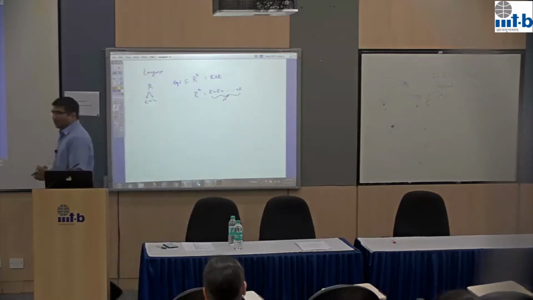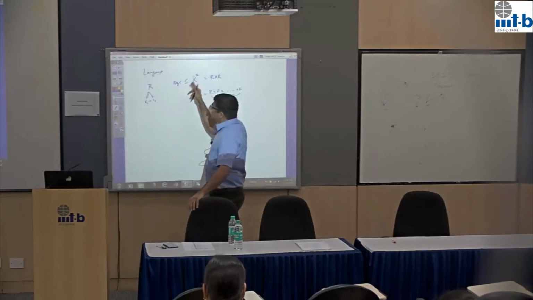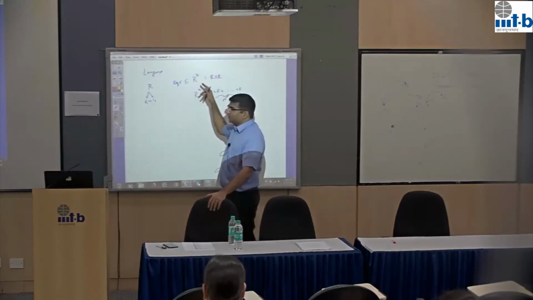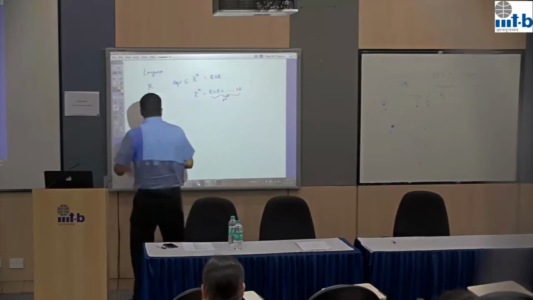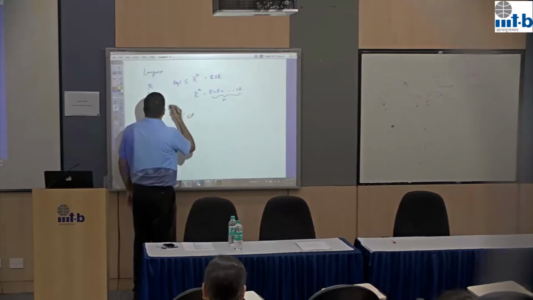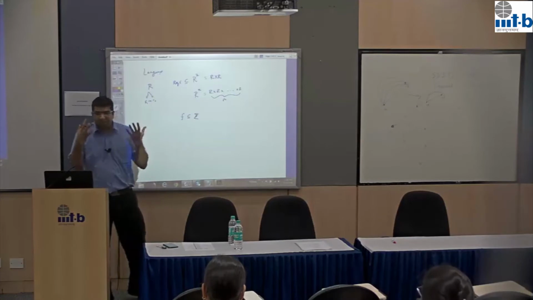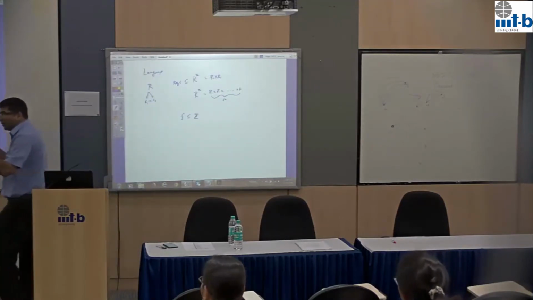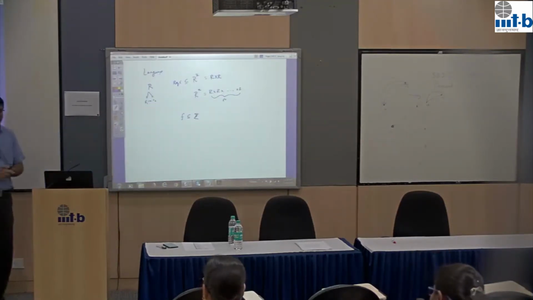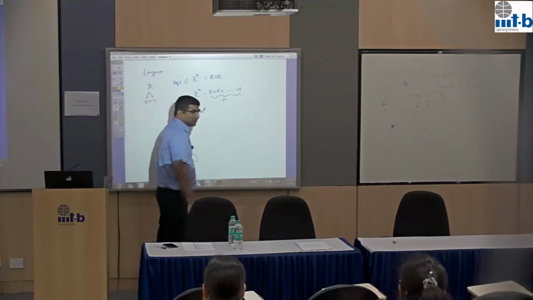And what is the most generic way in which a problem can be reduced to a set? Square is a subset of R square and so on. Any arbitrary problem can usually be represented as a subset of, if my domain is called sigma, since it need not just be R, it can be any domain, we just say it's a subset of sigma star.